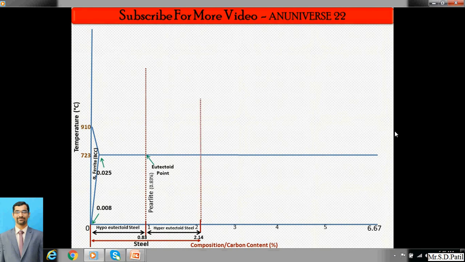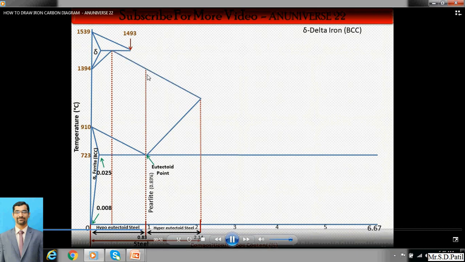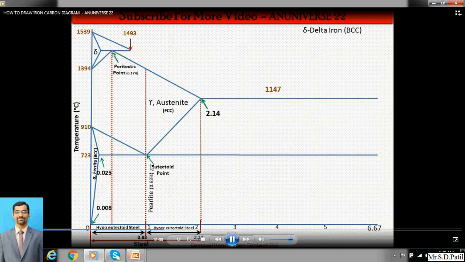So this will be a eutectoid point, what I have explained in these reactions, that is the eutectoid point. This will be a peritectic point. Peritectic point. Here is the peritectic point. Here is the eutectoid point.